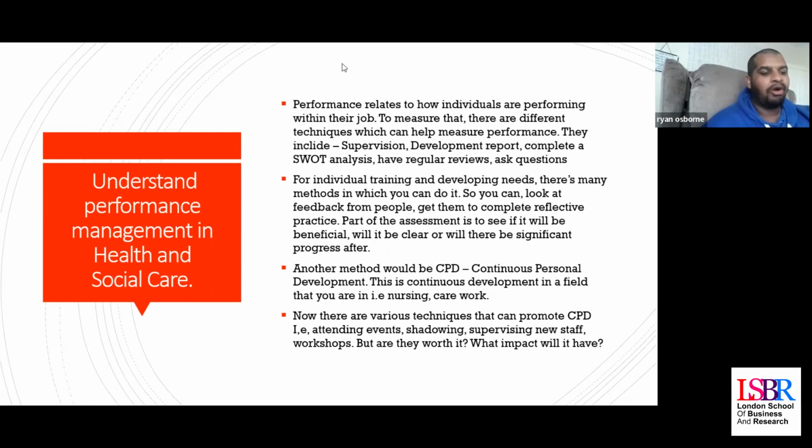Now, 9 times out of 10, as part of your role, you may be required to sign up to a company. So the Royal College of Nursing maybe, or as a social worker, you may sign up to Unison because it's a public service. Or as a care worker, you may sign up to the Care Workers Union, if there is one.